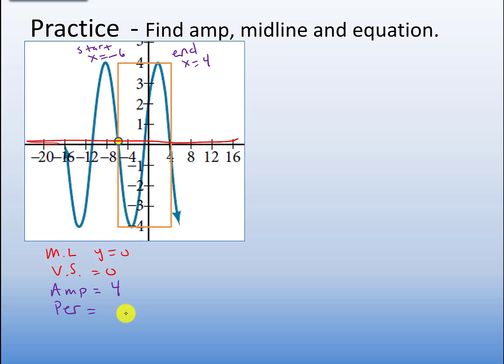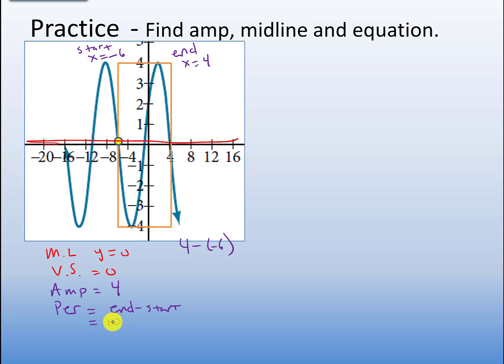It can be harder to calculate the period, but it is always going to be simply end minus start. And in this one, it's intuitive, but if you go the end, 4 minus -6, sure enough, you get 10. So remember that, end minus the start. The period is 10 units. These are whole number units, though, not fractions of pi in this case.